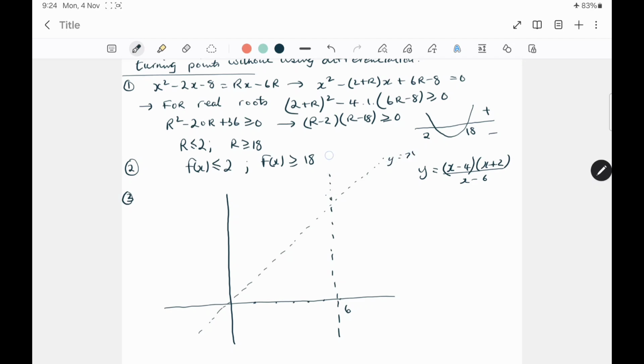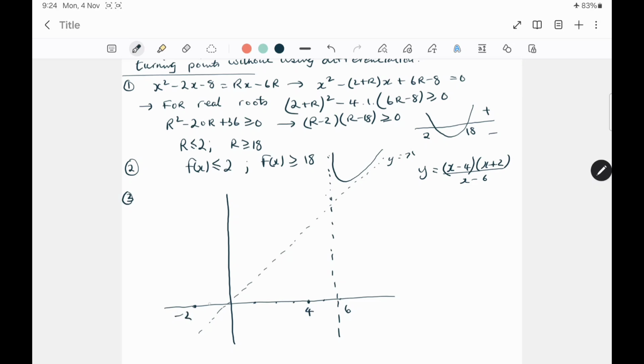And part of the graph will appear here. And the other half has a root here and a root at minus 2. That's 4.